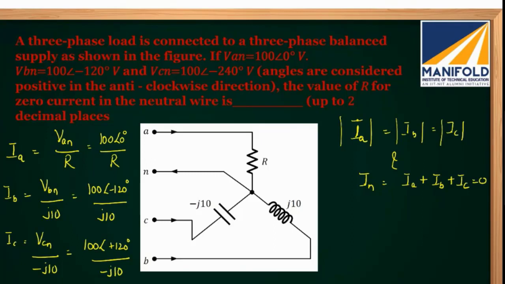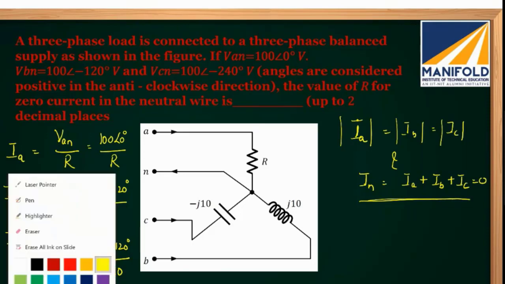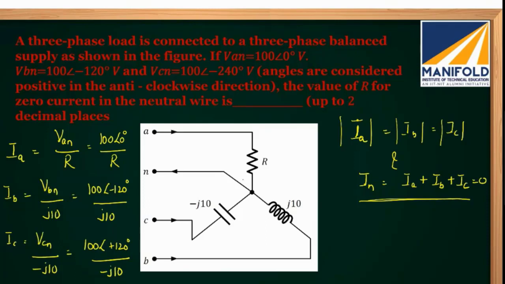How are these currents related? The neutral current is the sum of the A phase current, B phase current and C phase current. Your neutral current IN is the sum of IA, IB and IC. I have applied KCL at this point.